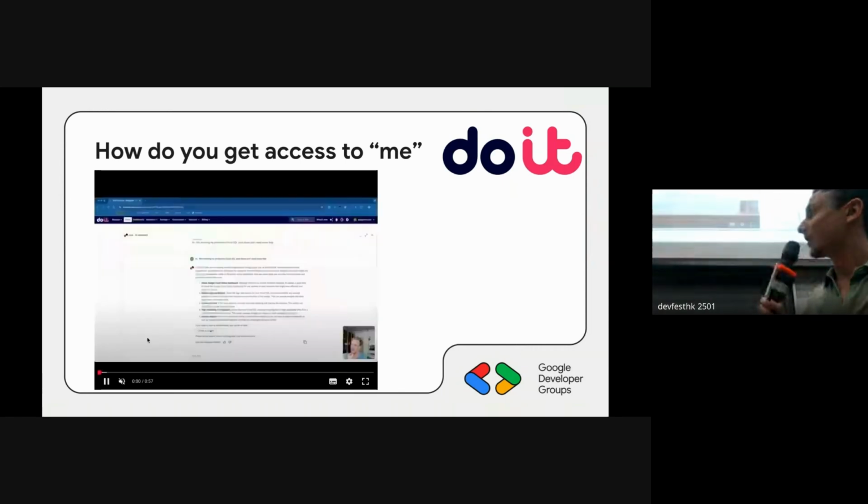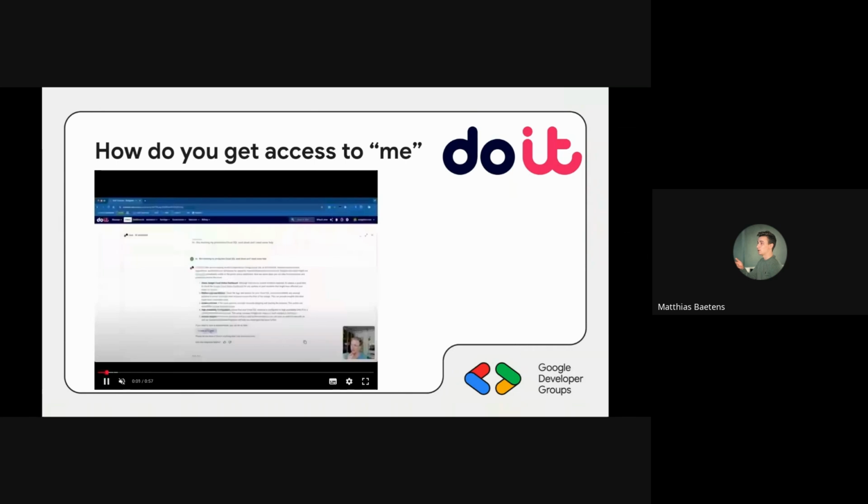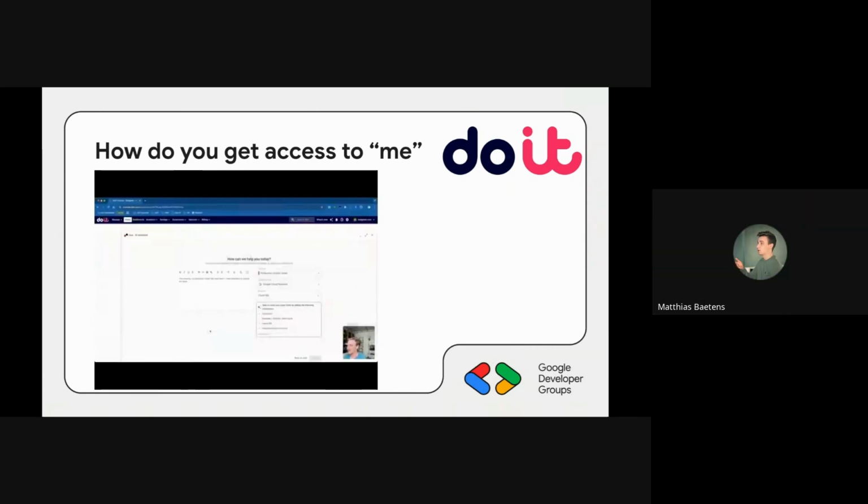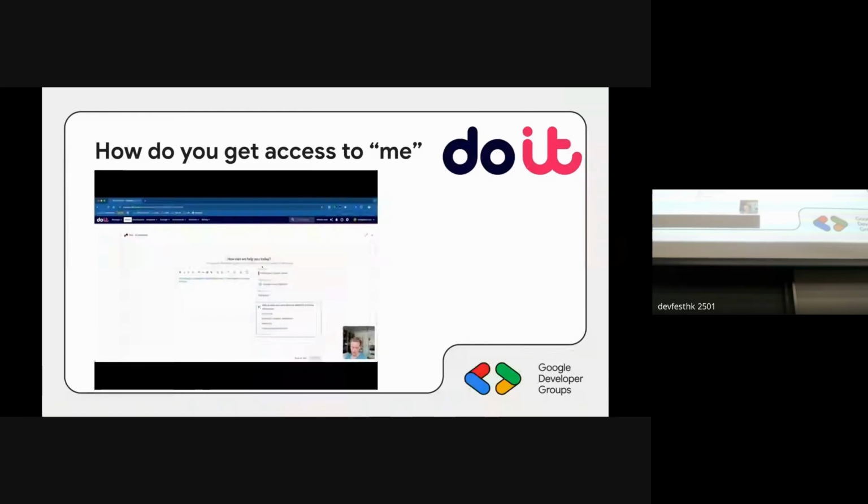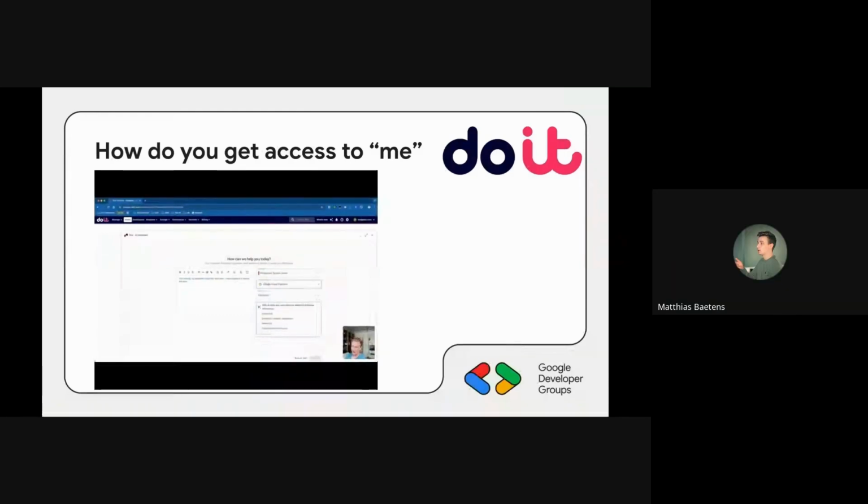Here we go. So basically, this is the user experience. You have a form where you describe your issue and there's a bit of metadata that comes with it.